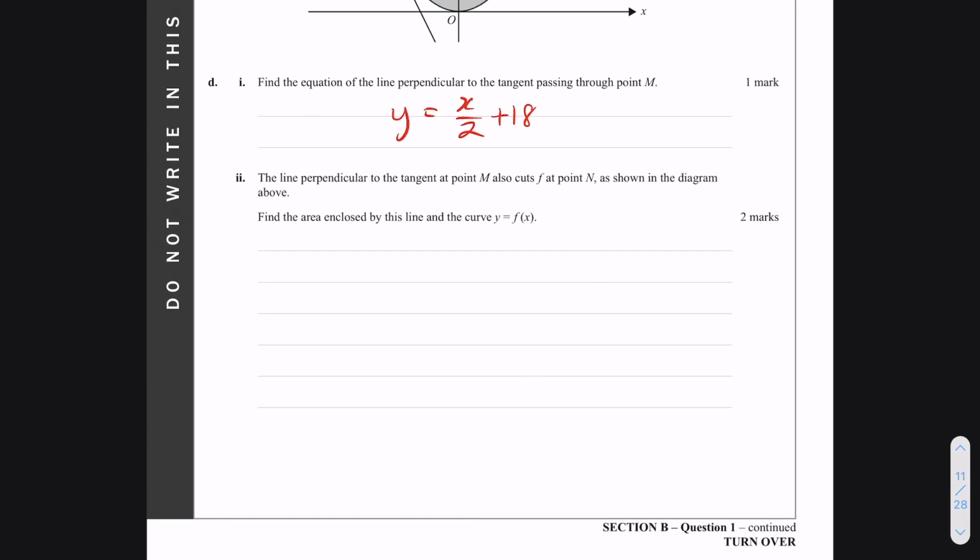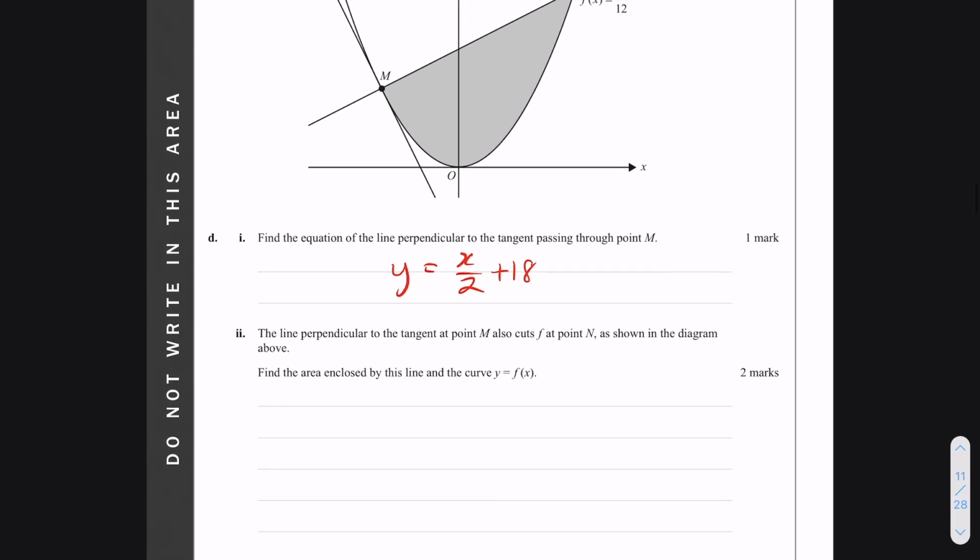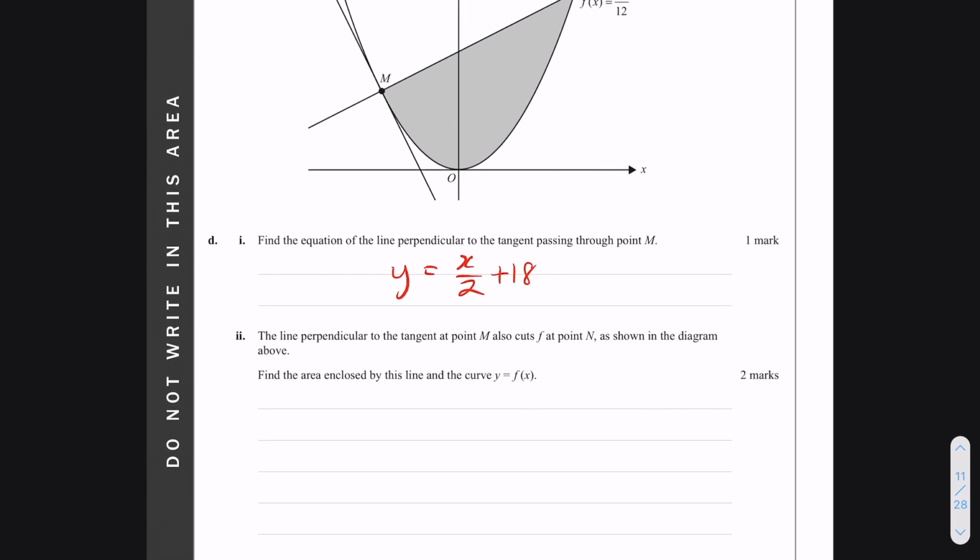The line perpendicular to the tangent at point M also cuts f at point N, as shown in the diagram above. Find the area enclosed by the curve. So we need to find the intersection point between that normal line and x squared over 12. And we can just do that on the CAS.